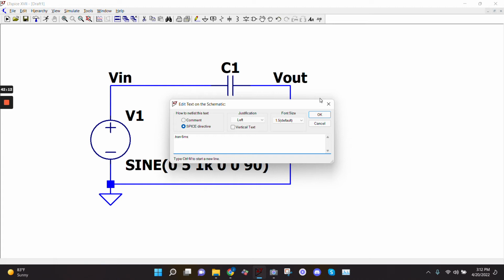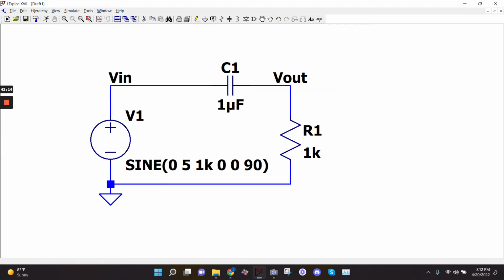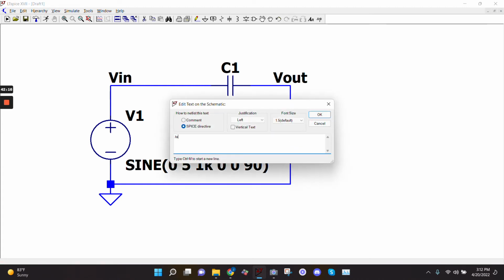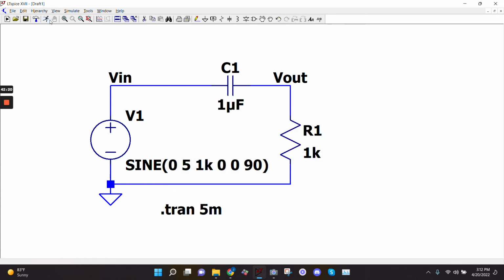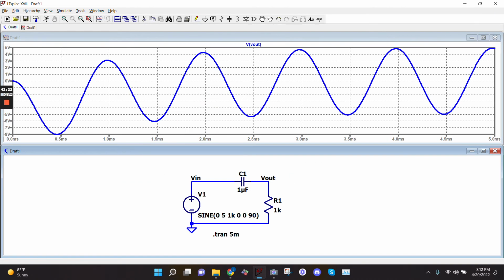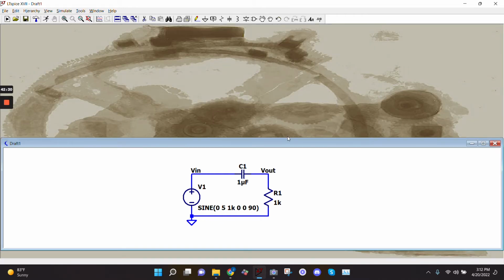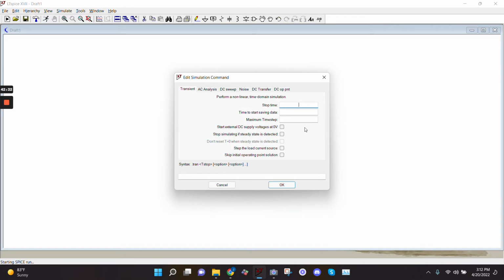Oh, it's something else you should do. Let me just show you what happens if I run this. You'll see this kind of strange startup. You see that weird looking startup? So what you want to do, instead of running a dot tran by typing it, is come up here and hit run, and when you do the transient, you can put the stop time at like 10 milliseconds and time to start saving at 5 milliseconds.